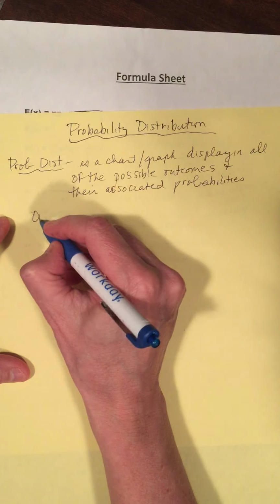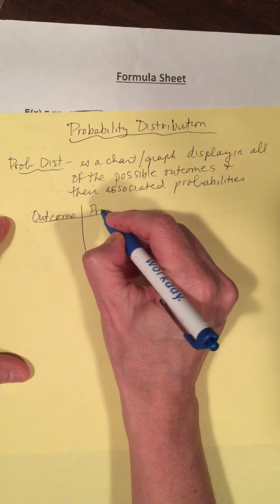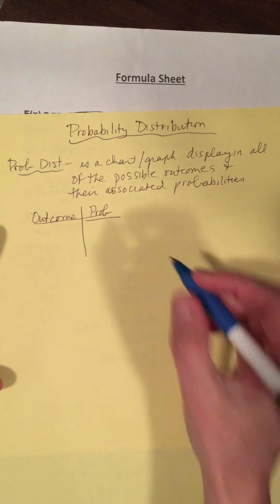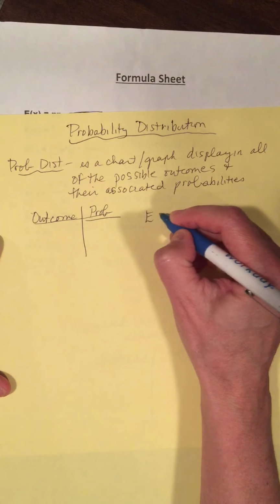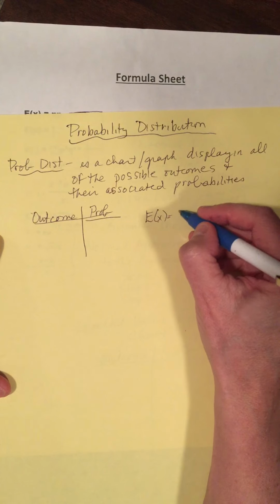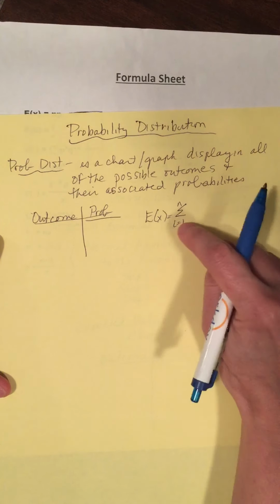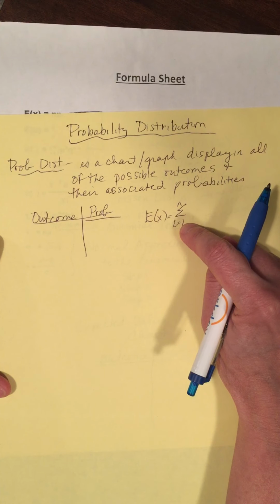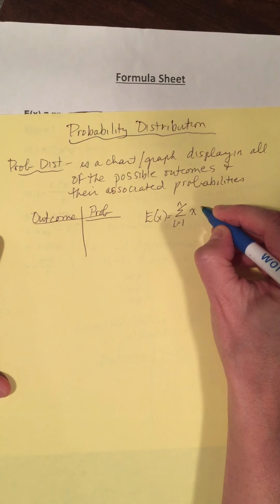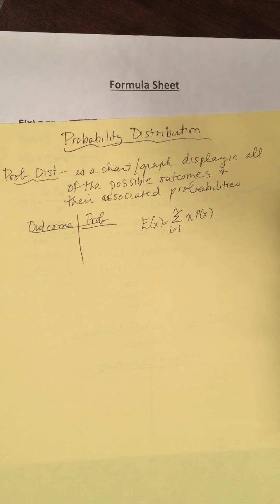So it's the classic outcome probability chart that we're familiar with. And what goes with it is the classic expected value formula that says, hey, I'm going to sum up all of the options from the first option to the last of the outcome times its associated probability.